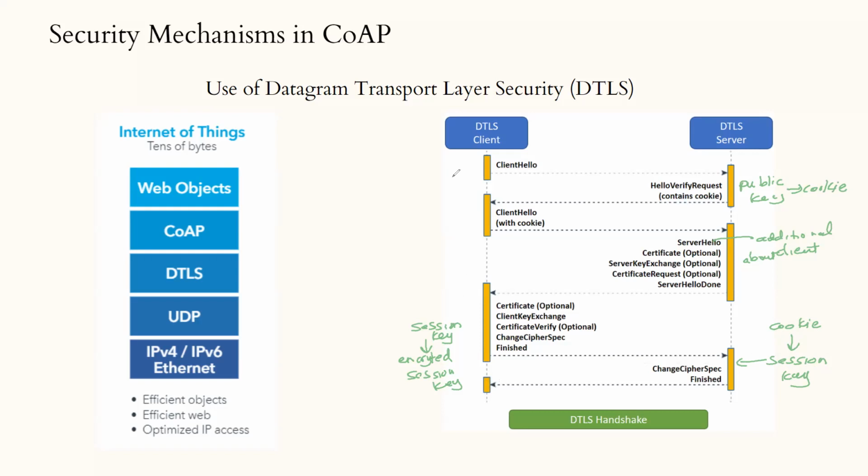The CoAP protocol runs under the UDP protocol, which is unreliable compared to the TCP protocol.